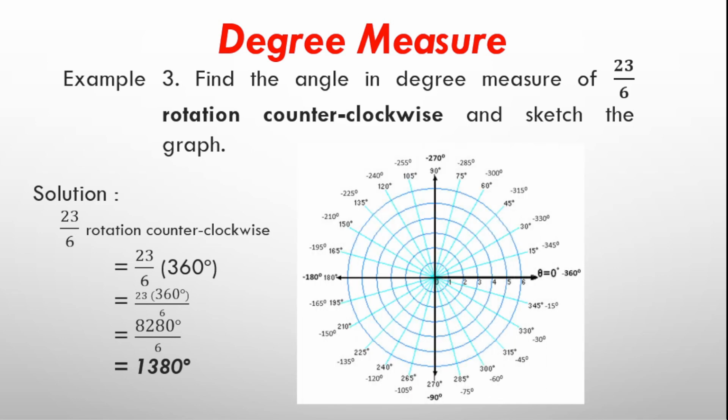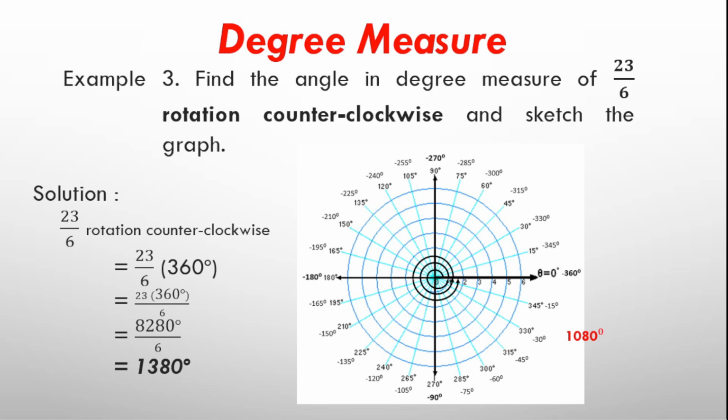Next is how we are going to sketch 1,380 degrees. First thing that we need to do is sketch one full rotation, and take note that 1,380 degrees has three full rotations. And take note that 3 full rotations is 1,080 degrees.